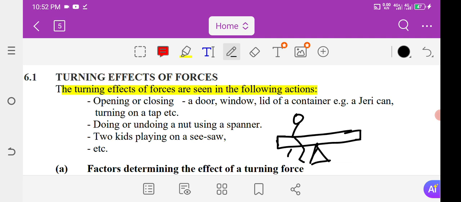In a seesaw, you usually have two kids sitting on opposite sides of a bar. When one child pushes this down, the other child will go up. In so doing, there is a turning effect of forces. And many other examples you can think of.